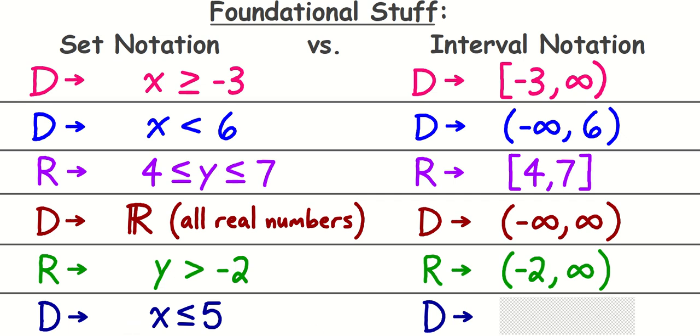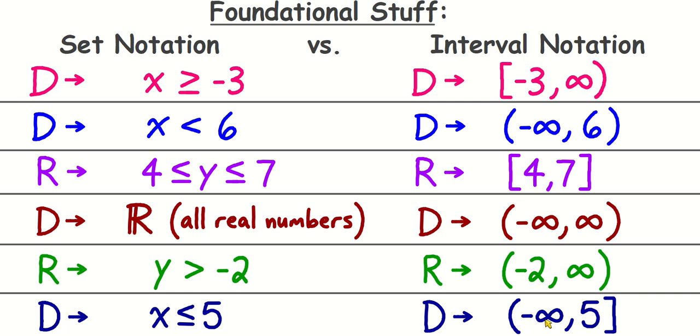Last example: how would you represent this in interval notation? Everything that's less than or equal to 5. What would that interval notation be? So that would look like this.